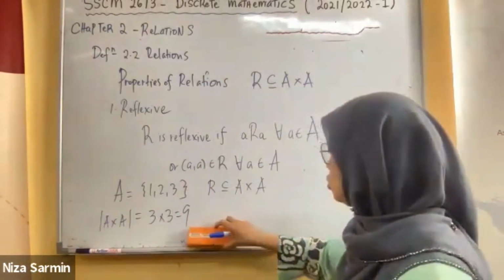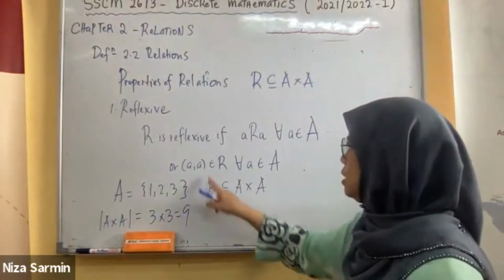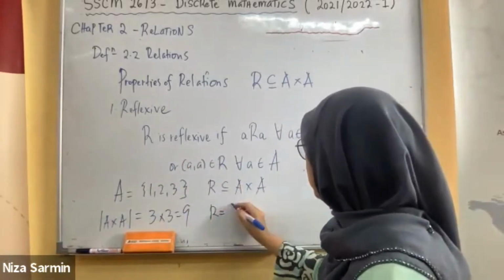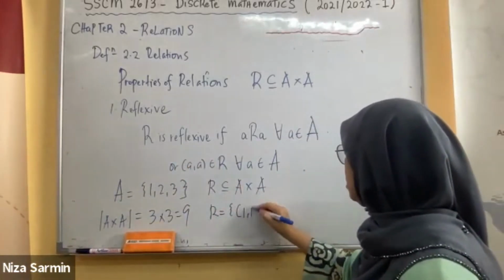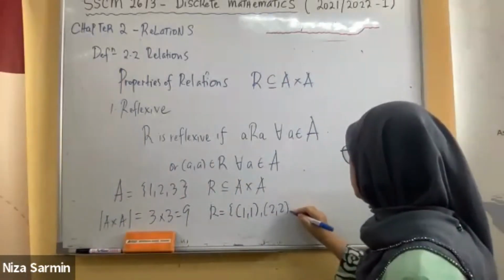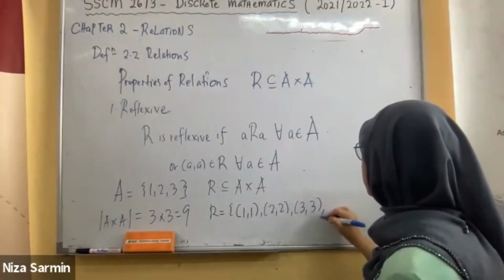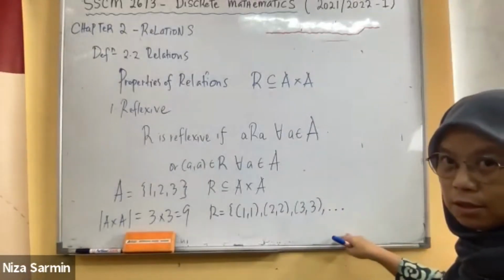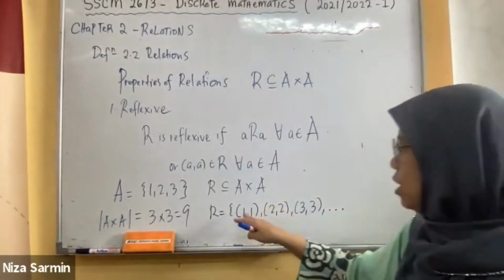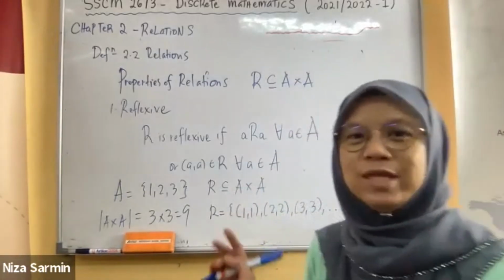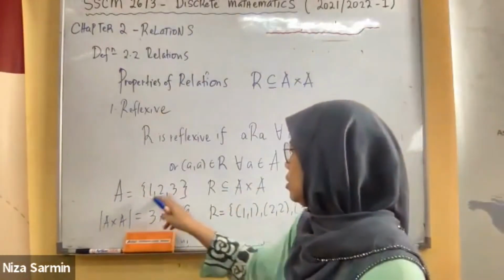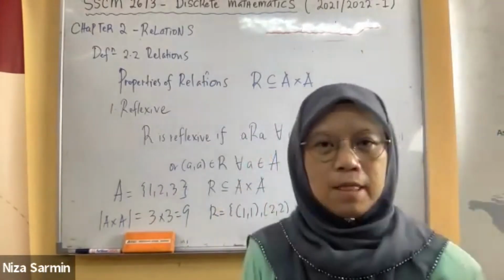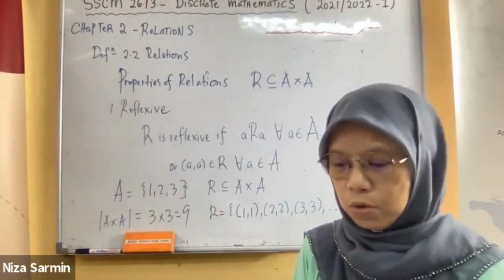So for R to be reflexive, you have to have 1, 1, 2, 2, and 3, 3, among others, depends. But you have to have 1, 1, 2, 2, 3, 3, because A is 1, 2, 3, and you have to have A, comma A. Right? Okay.